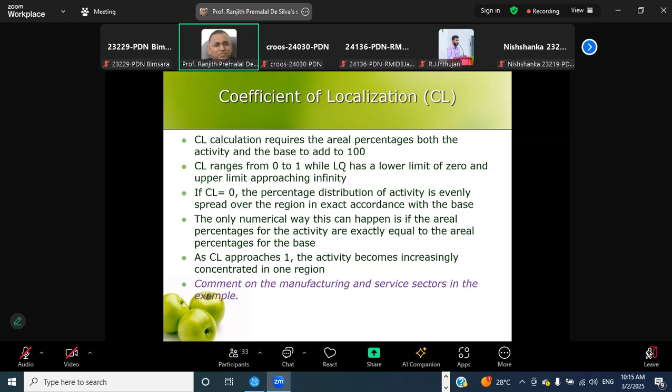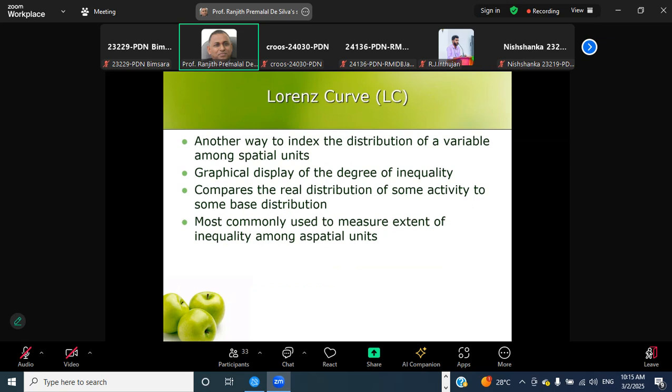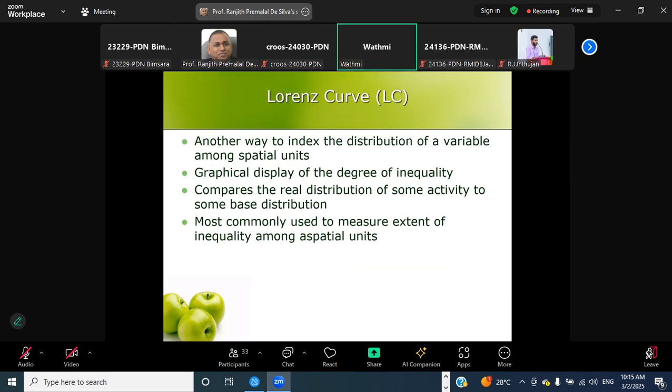Now, if you go into the Lorenz curve, which is another way to index the distribution of a variable among spatial units. So this is a graphical display of the degree of inequality. Can you hear me? Yes, sir. I'm here.